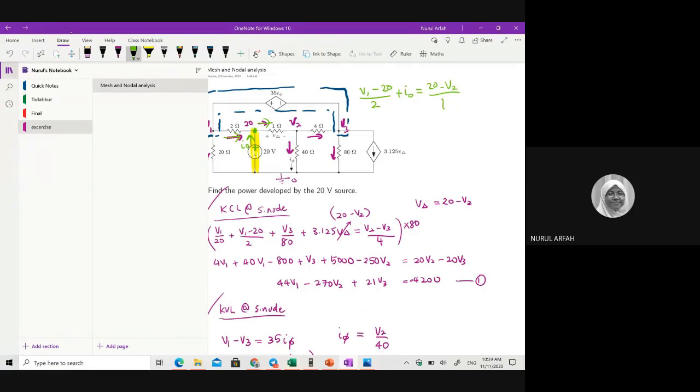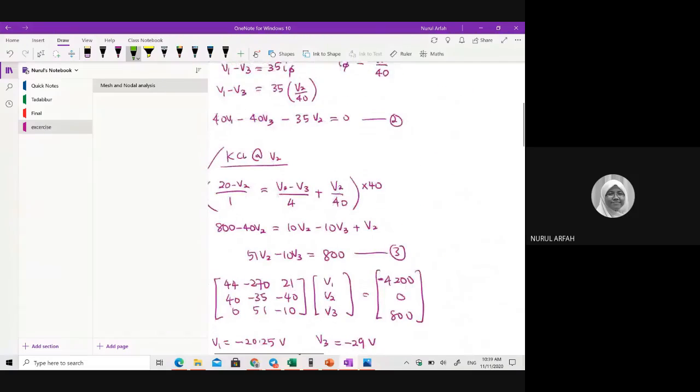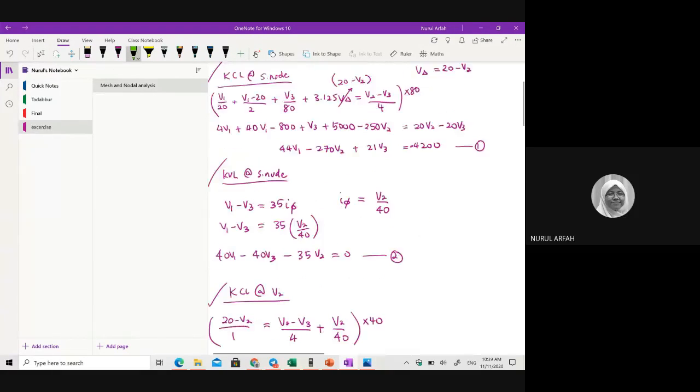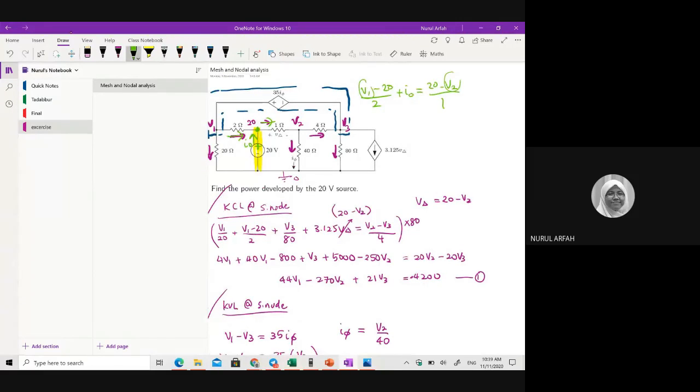Okay, and then you will get I naught, because V1 and V2 you already know from your answer, and then you will get the current direction I naught. Because you're going to find the current here, this is done, but you're going to find the power, equal to IV. Since this is entering a negative, you put a negative sign, and then you have I naught and V. V is 20. So you will get the power in negative.